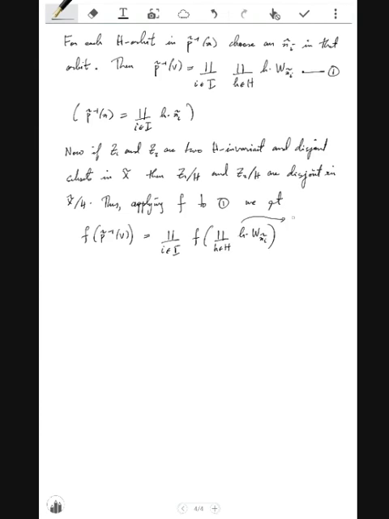Each of these things is H-invariant. And this is how we have used this observation. So this is equal to the disjoint union over i in I, and since we are going modulo H, this is simply equal to f of W x_i tilde. Since f is a covering map, it is open.